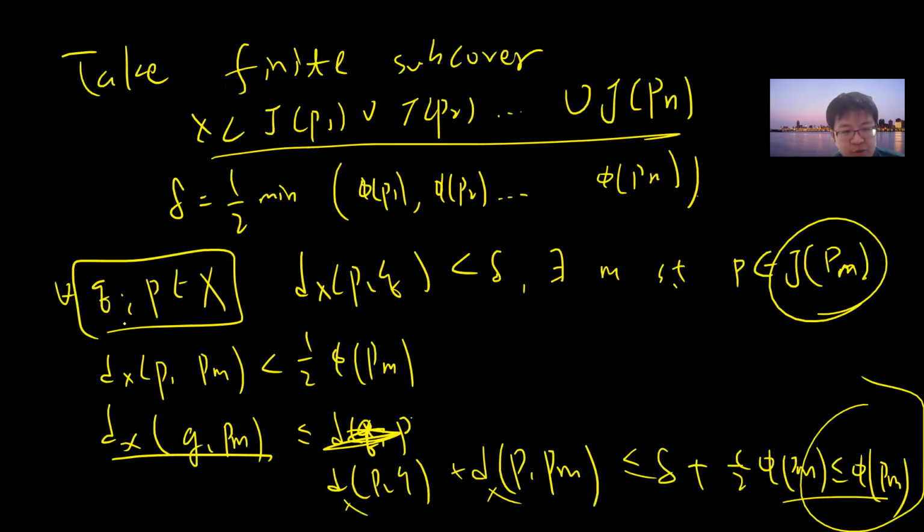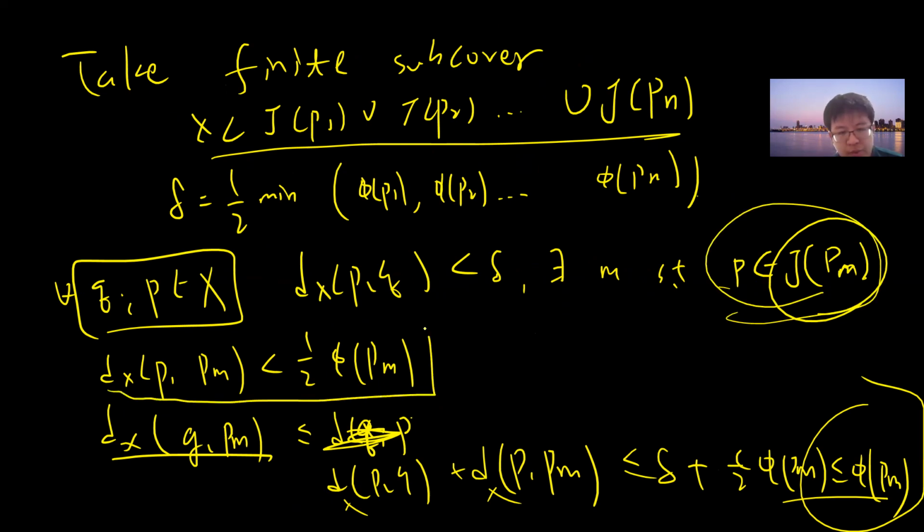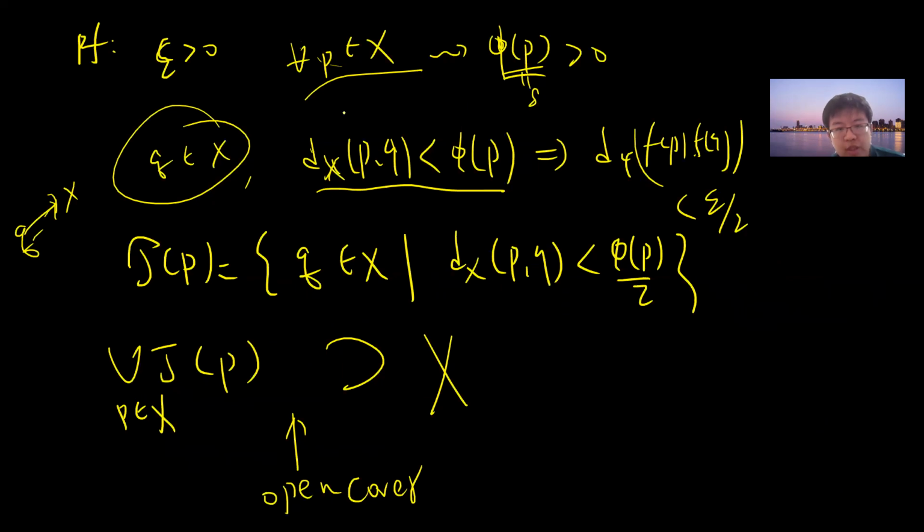So what we have shown is that there is a ball condition here, so now your p is restricted to be less than this. That means dX(p,pm) is less than this, so dX(q,pm) is less than or equal to phi(pm). By definition, if dX(p,q) is less than phi(pm), then you are less than epsilon.